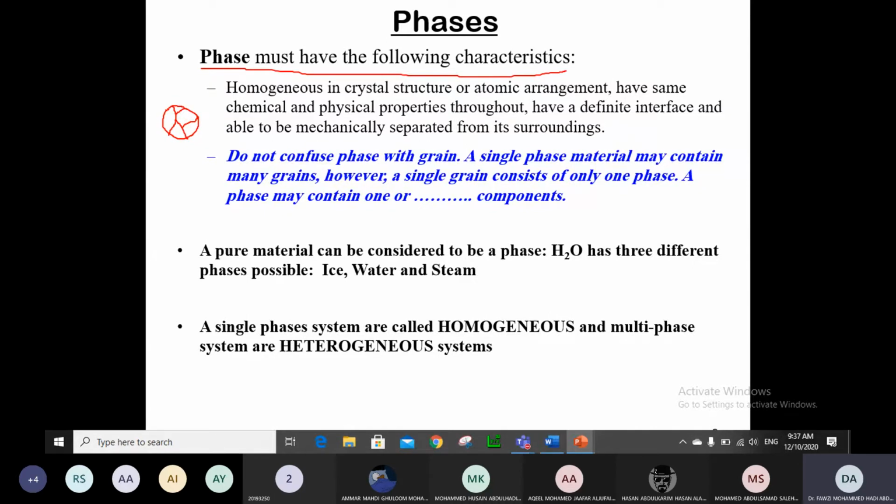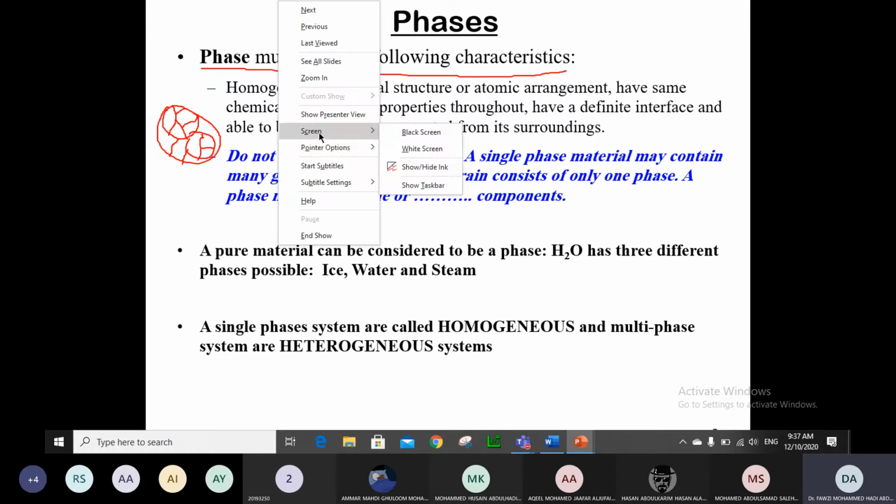A phase in the material, let's make it bigger. So these are grains, but we could have a phase there, another phase, and these are different grains as well. But in this phase, which is different, you will have different grains as well. So this is one grain, this is one phase. Let me do it in another color.